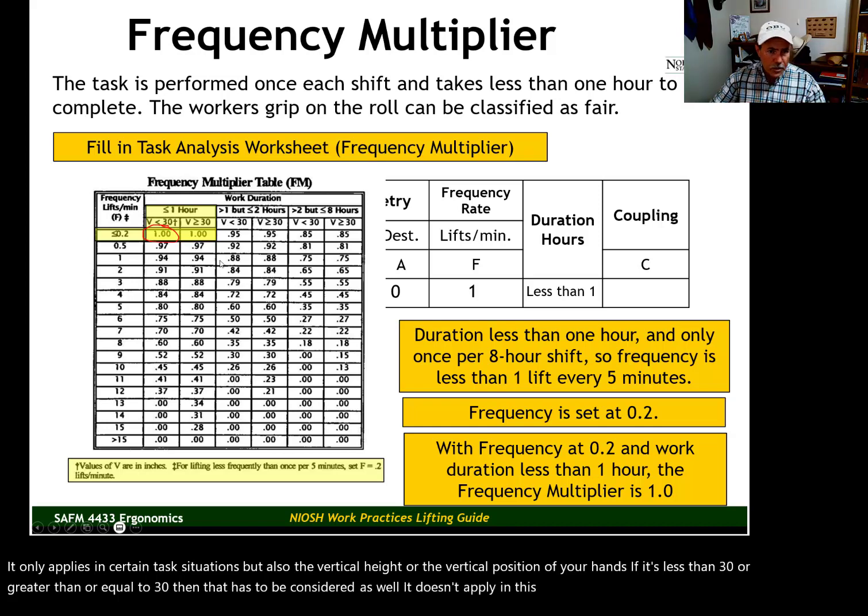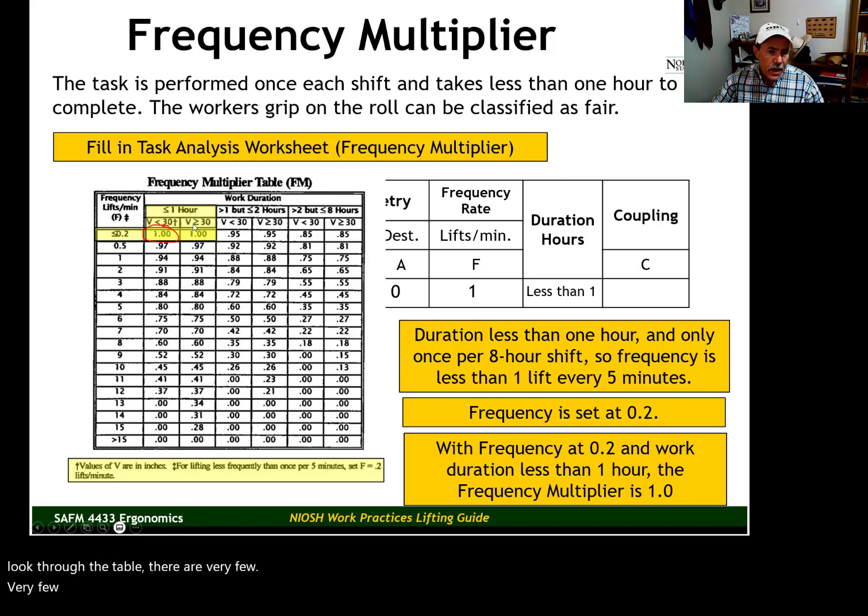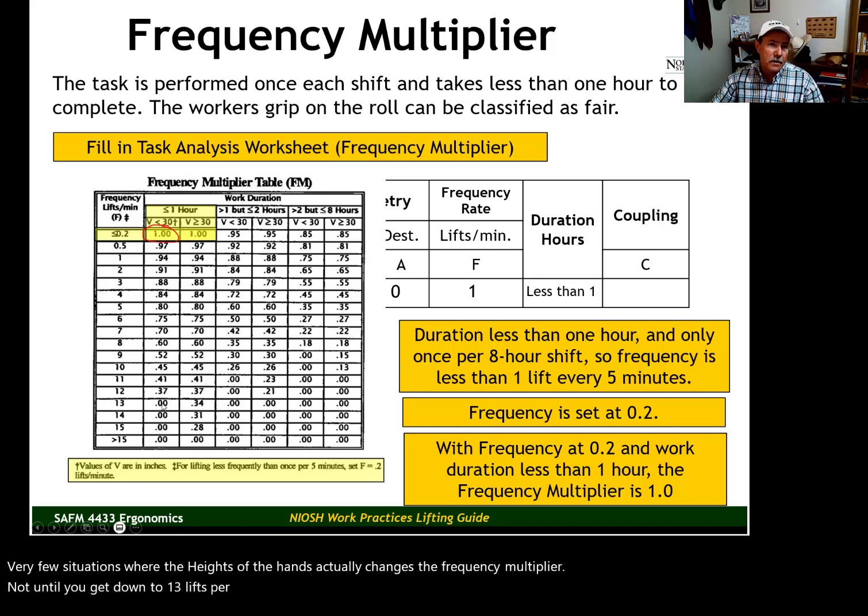And if you look through the table, there are very few situations where the height of the hands actually changes the frequency multiplier. Not until you get down to 13 lifts per minute. At that rate does it start to apply.